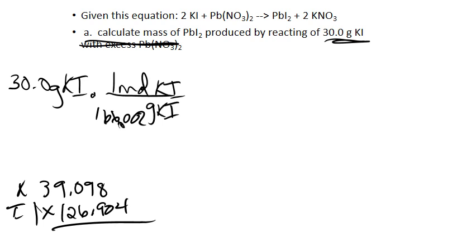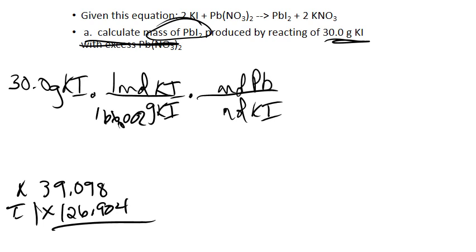Now we're in moles of KI. We've got to keep going. We went grams to moles, and now we go moles to moles. Moles of KI was on top, so moles of KI has to go on bottom. And then we're going to PbI2, so moles of PbI2 has to go on top. Then we fill in our numbers: PbI2 is a 1 and KI is a 2.